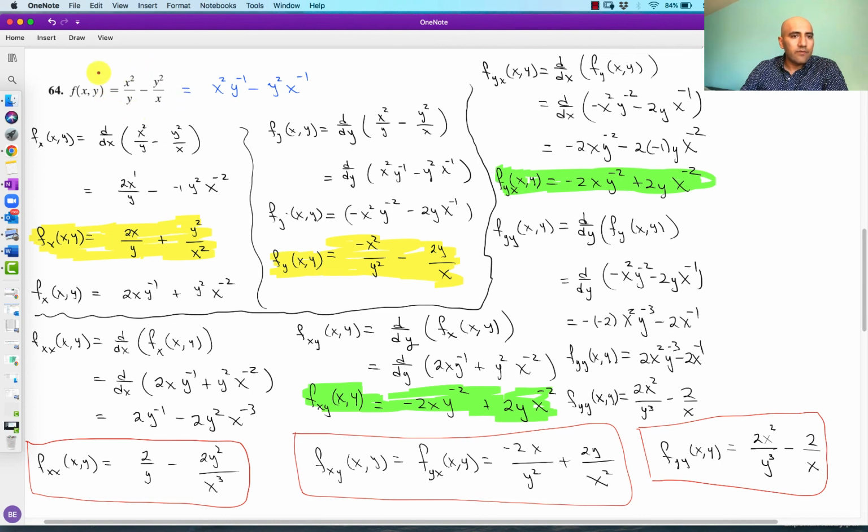Okay, so given the original function, it's always convenient when you have something written this way to rewrite it like this with negative exponent notation. And then we have our first order partial derivative with respect to x, first order partial derivative with respect to y, and then we use those to get our second order partial derivatives, and here they are.